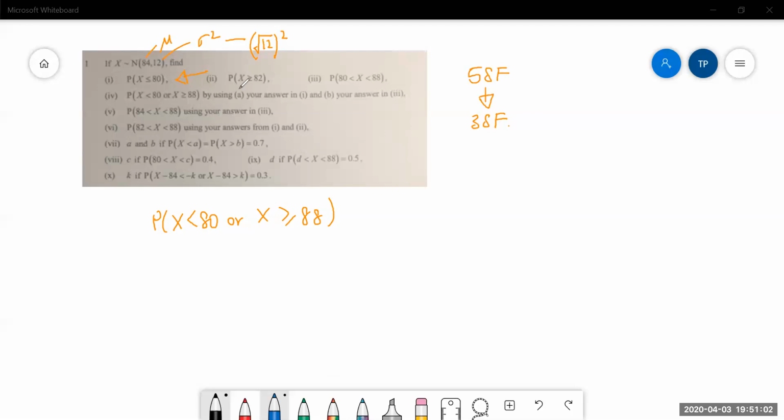They say by using your answer in part 1 and part 3. So it's part 1 plus the probability of x more or equal to 88.